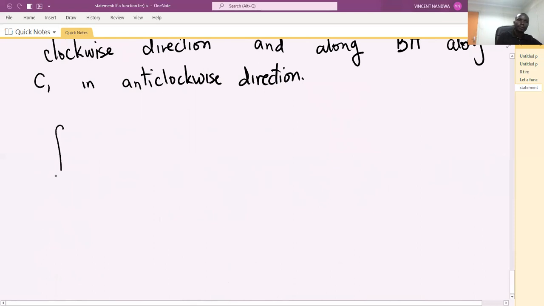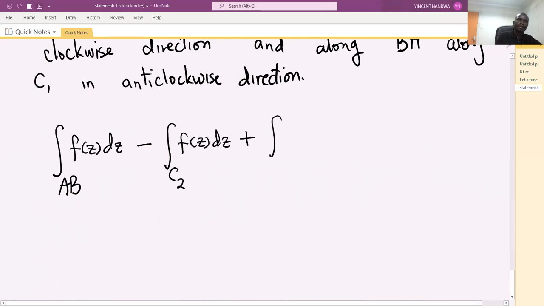So the integral along AB of f of z dz, minus the integral along C2 of f of z dz, plus the integral along BA of f of z dz, and then plus the integral along C1 of f of z dz is equal to 0.